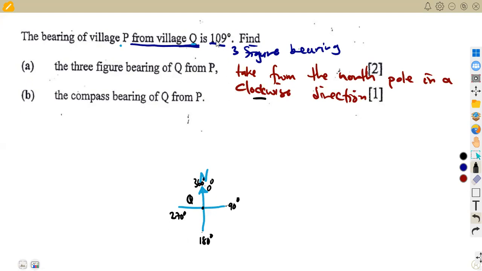So 109 is going to be in between 90 and 180, just below 180, but after 90 degrees. So this is where we are going to expect to have an angle of 109 degrees. I just hope we are together on this part.